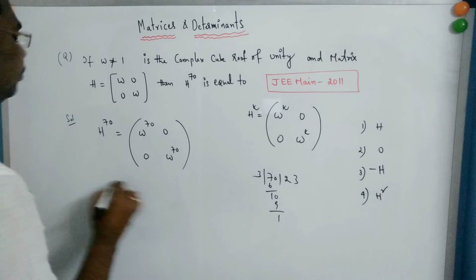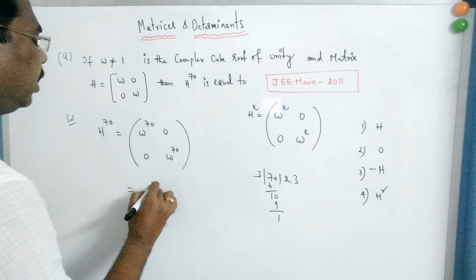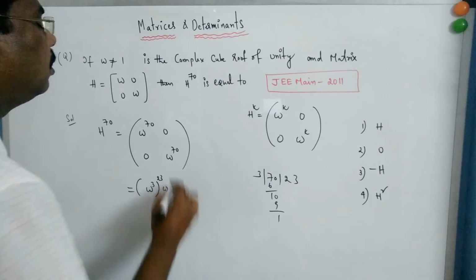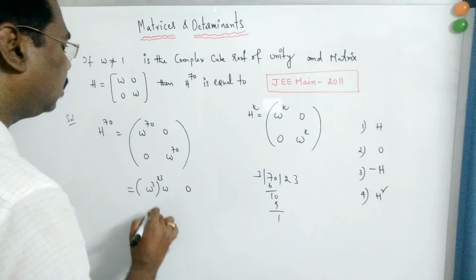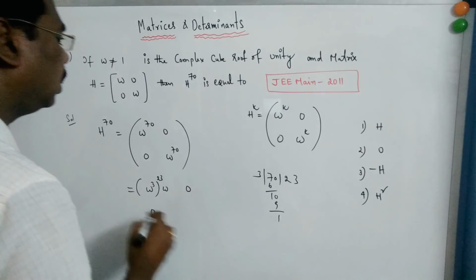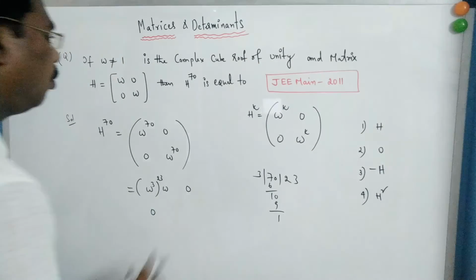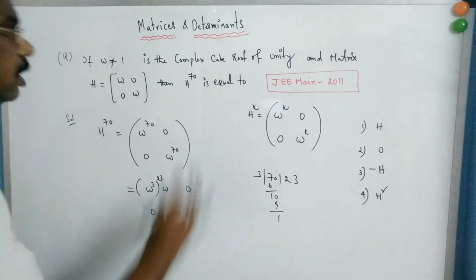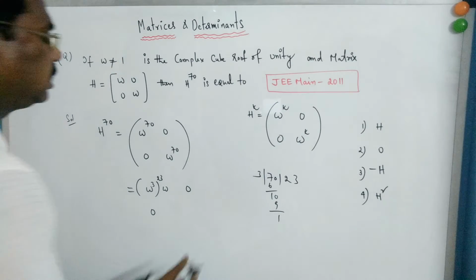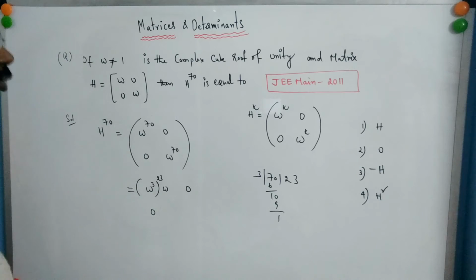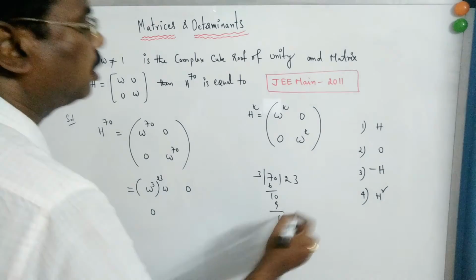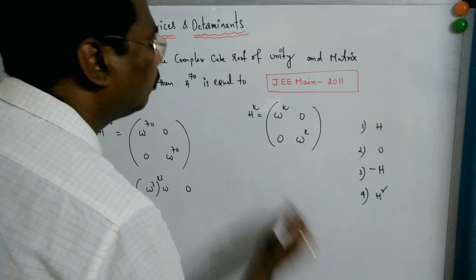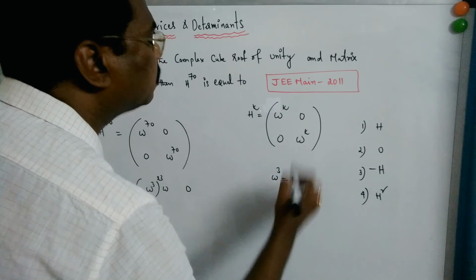omega cube power 23 into omega. Now omega cube value is 1. Omega is a complex cube root of unity, which means omega cube is equal to 1.